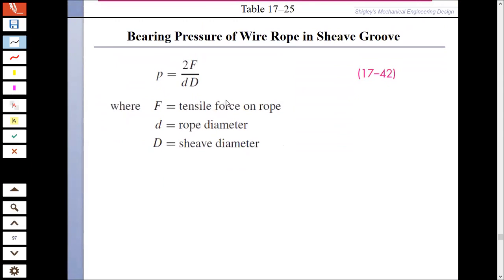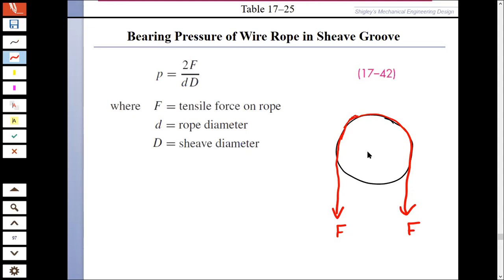नाउ व्हाट विल बी द बियरिंग स्ट्रेस या बियरिंग प्रेशर? देखें, we just said if we have a shoe and there is a rope that is going around it, ठीक है जी, and let's say this is F load over here.